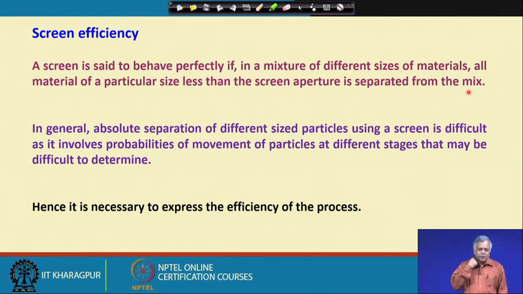In simple terms, it is based on common sense. Suppose I have an aperture of 500 micrometers. In the ideal screening condition, I have a mixture of particles consisting of particles finer than 500 micrometers and coarser than 500 micrometers.